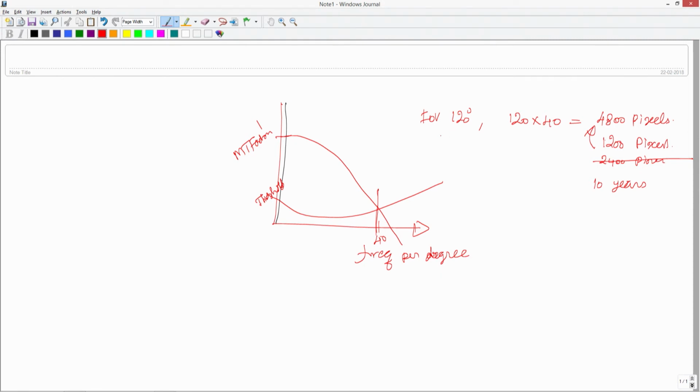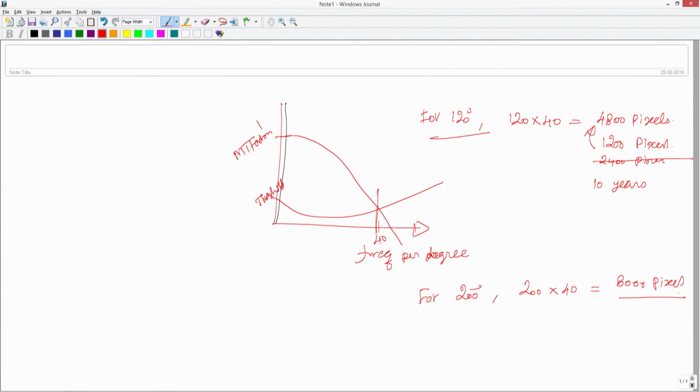But that is assuming a 120 degree field of view, and our industries are going to consider much more field of view, as we are going to see in later classes. So for 200 degrees, this is going to take 200 into 40, which is about 8000 pixels.